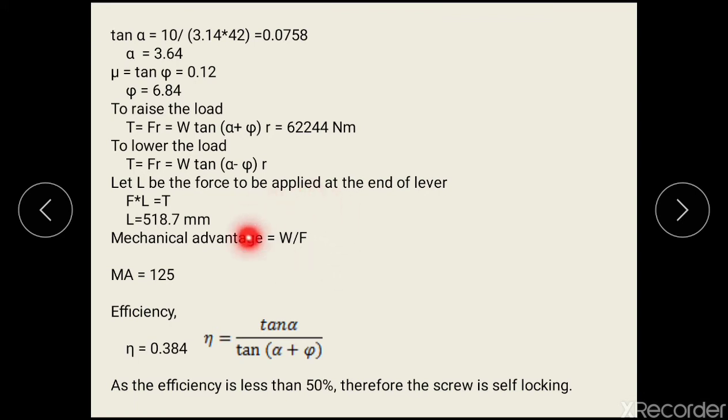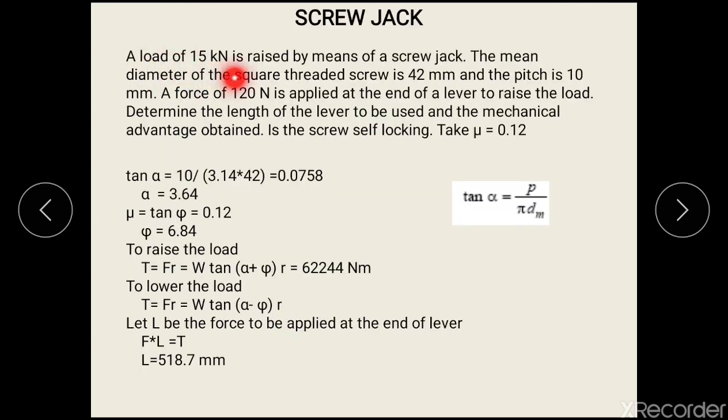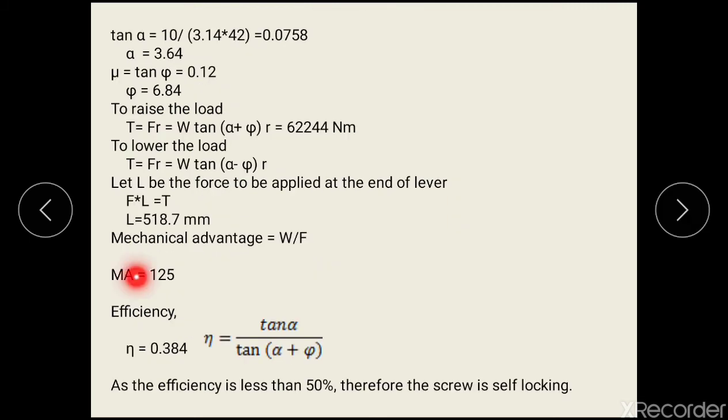Mechanical advantage is the ratio of output to input. Here output is the maximum amount of weight to be lifted. Input is the minimum amount of effort required at the end of the lever. So W is 50 kN, F is 120 Newton. By applying these values, we get mechanical advantage as 125.